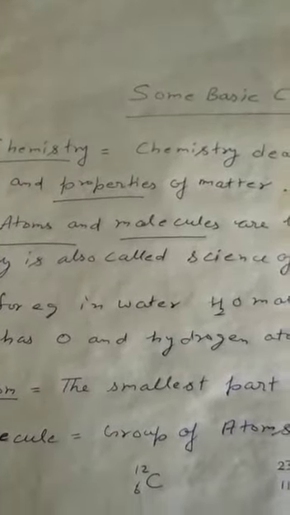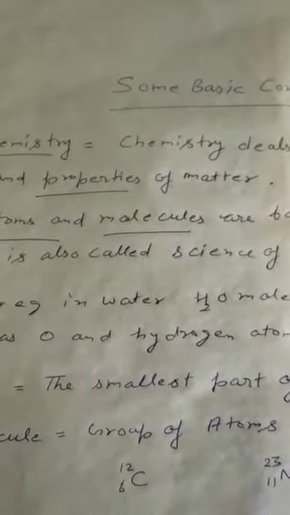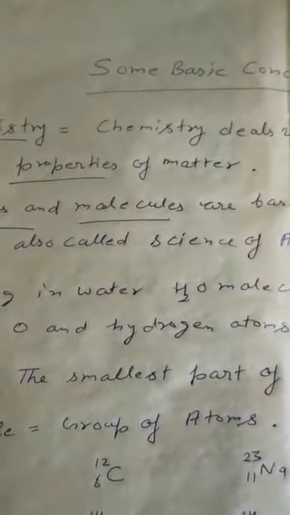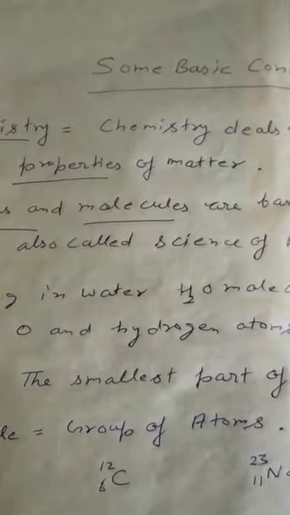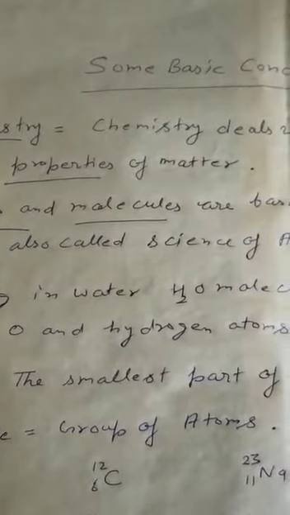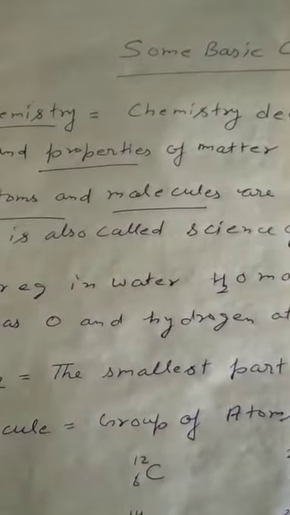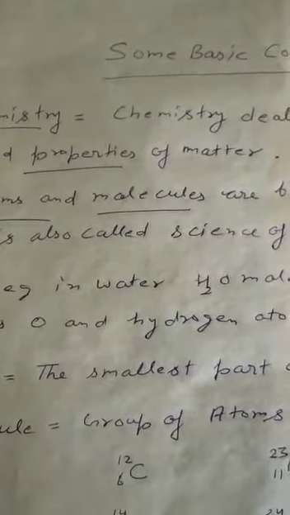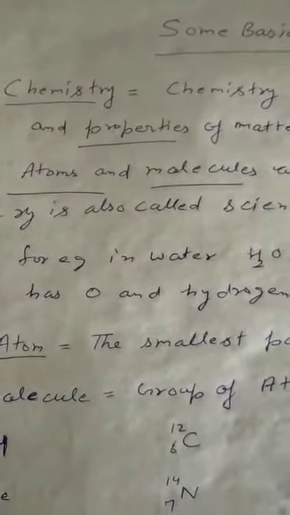You know about matter: anything that surrounds us and has mass and occupies space or has volume is called matter. Now, we know that matter is composed of some small particles, and these small particles are atoms and molecules.